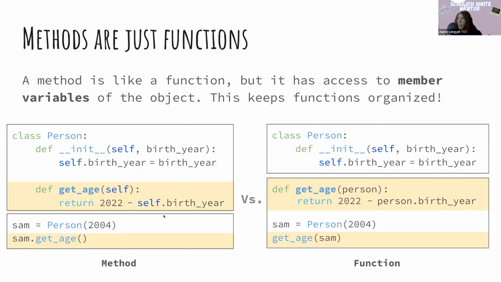Additionally, it is true that we could also just make a function that will do this, right? These have the same syntax, and they work almost identically. The big difference, though, is that if we make a ton of functions, we can lose track of where those functions are, right? Those functions could be defined in completely different places in our code, and we might forget that we have them.